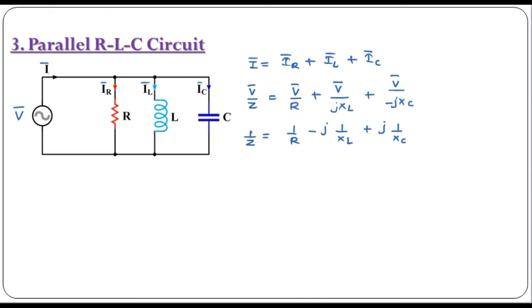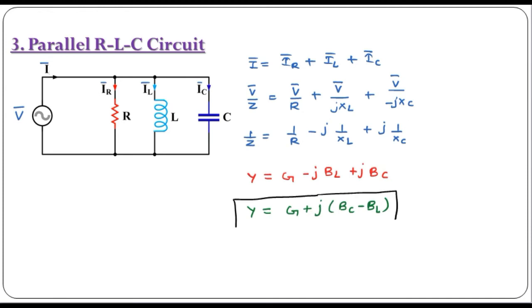So 1 by Z is admittance and 1 by R is conductance G. Minus J and 1 by XL is inductive susceptance BL, plus J and 1 by XC is capacitive susceptance, that is BC. So we are getting the total admittance in case of parallel RLC as G plus J into BC minus BL. Okay, so this is the admittance formula in case of parallel RLC.